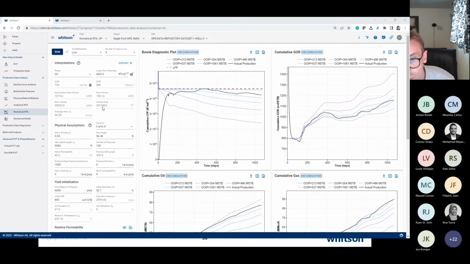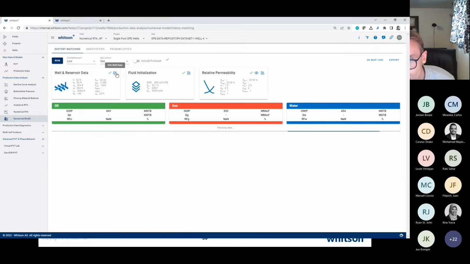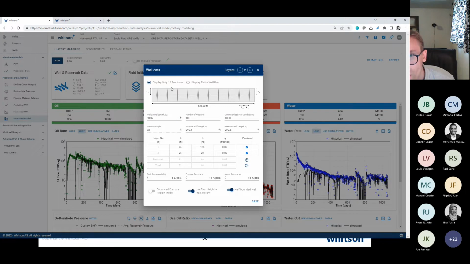So as of right now, it is done on a single layer, but I think it should be fairly doable to include something similar to what we have right here, which is the multi-layer model that we're running right here. So I think that is something we can do in the future fairly easily.